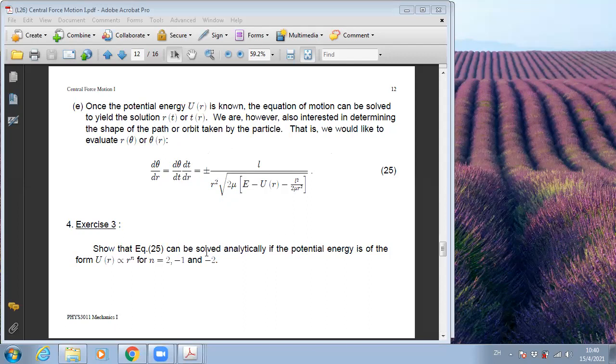Okay. As pointed out by this exercise, this integral can be done analytically if the potential energy is of the form U(r) proportional to r to the power n, where n is 2, minus 1 or minus 2.